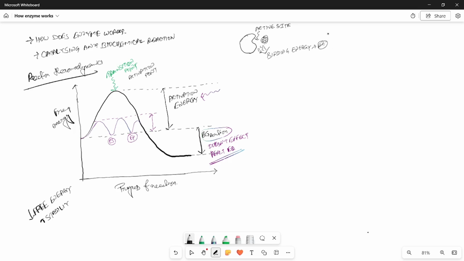Now let's talk about some hypotheses of how this binding takes place. There are basically two hypotheses. One is called the lock and key model. In this model, the scientists say that the enzyme binding site as well as the substrate are both rigid in nature.